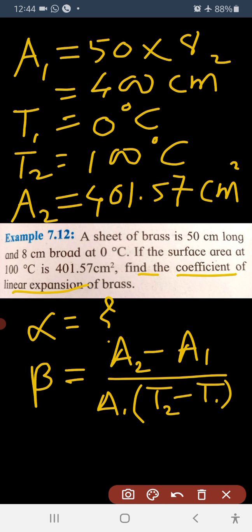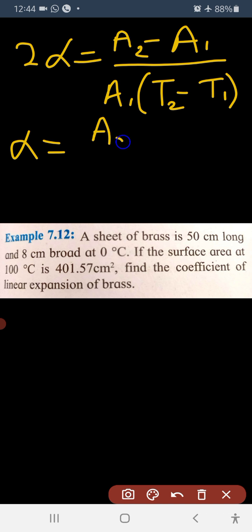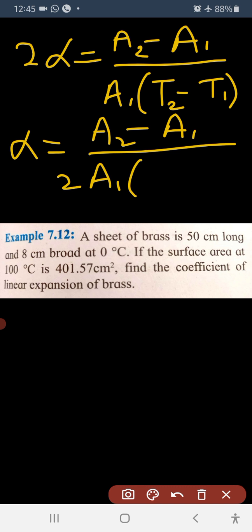This is the formula for beta, but the question asks to find alpha. But we know the relation between beta and alpha, that beta is equal to 2 alpha. Therefore, 2 alpha is equal to A2 minus A1 divided by A1 into bracket T2 minus T1. Therefore, alpha is equal to A2 minus A1 divided by 2A1 into bracket T2 minus T1.